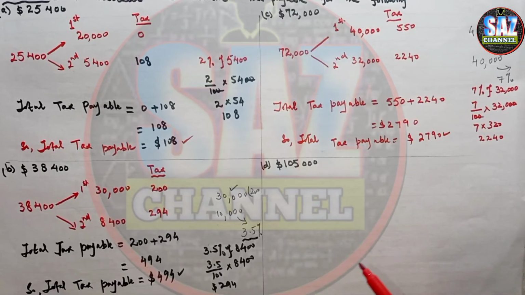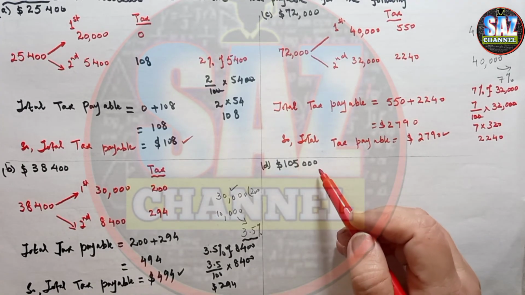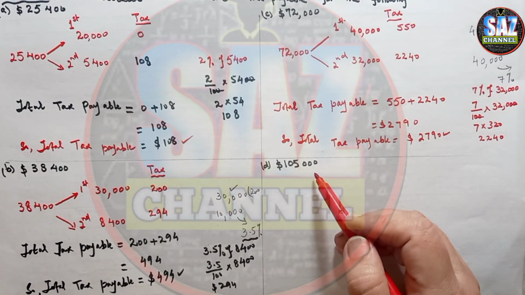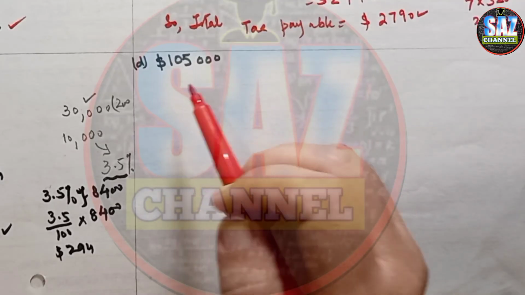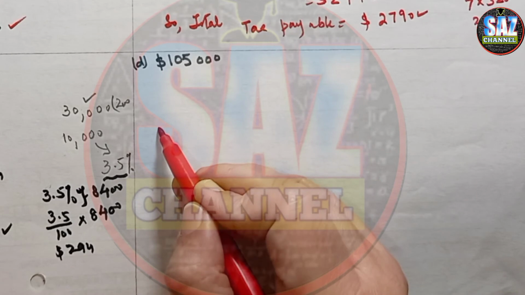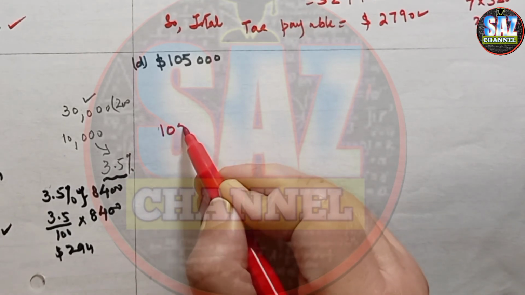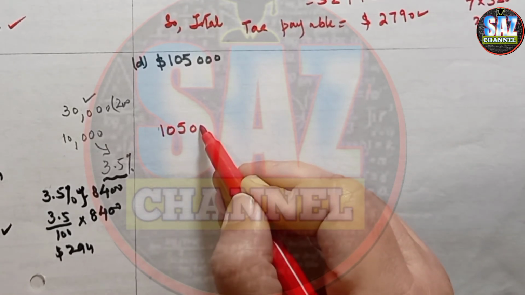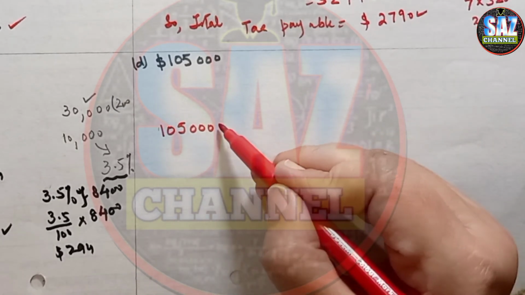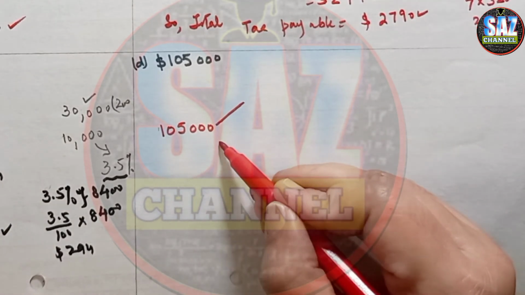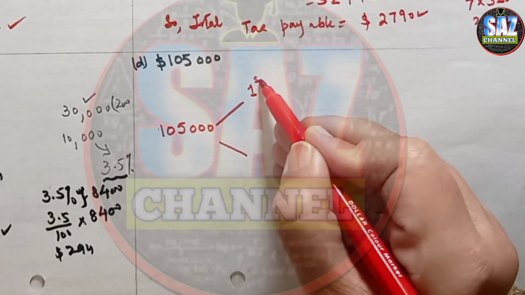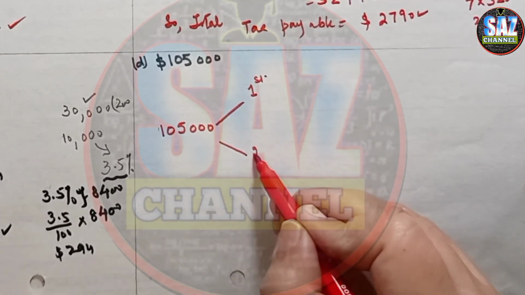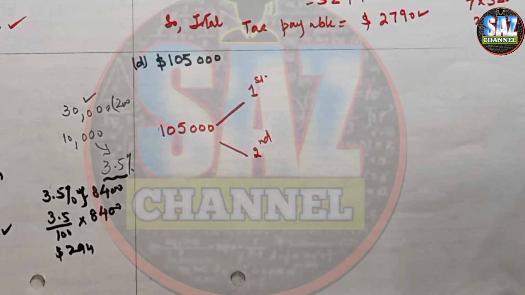And the question says that the amount for which we have to find the income tax which is payable is 105,000. So first of all, we have to write the amount, and then we have to see what breakup is given for this amount. I have to write first and second, and then check the breakup in the table.